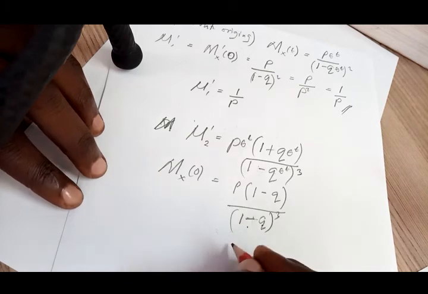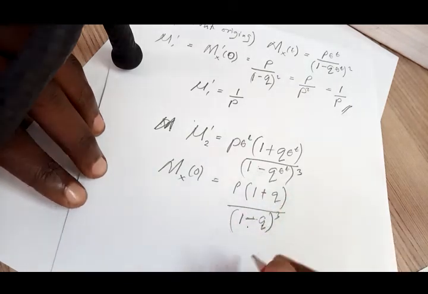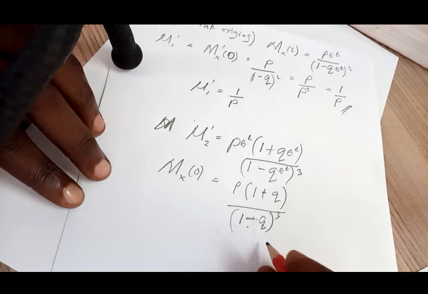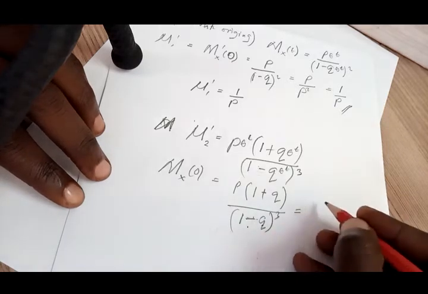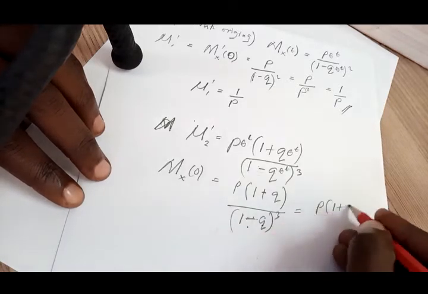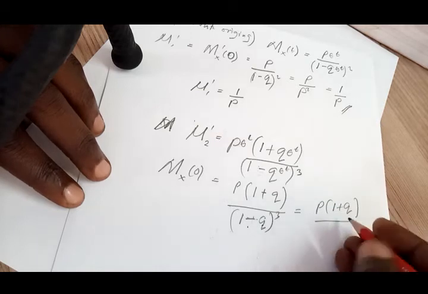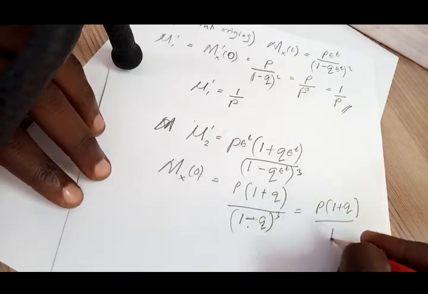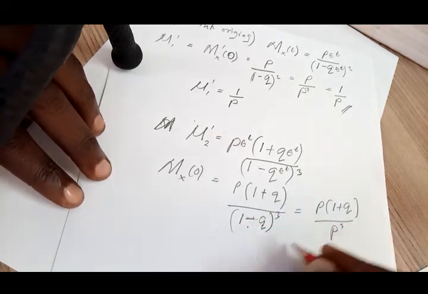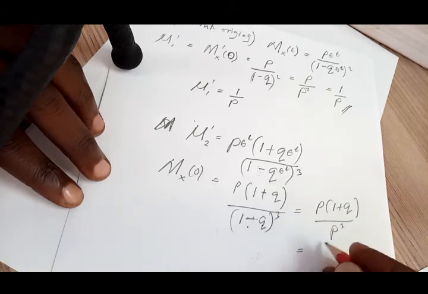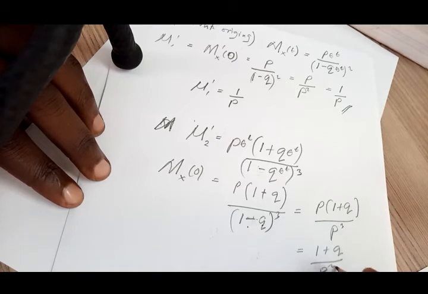So this is going to end as P times 1 plus Q over 1 minus Q cubed, and 1 minus Q is P, so this is like P cubed. So if you simplify this, this is going to be 1 plus Q over P squared.